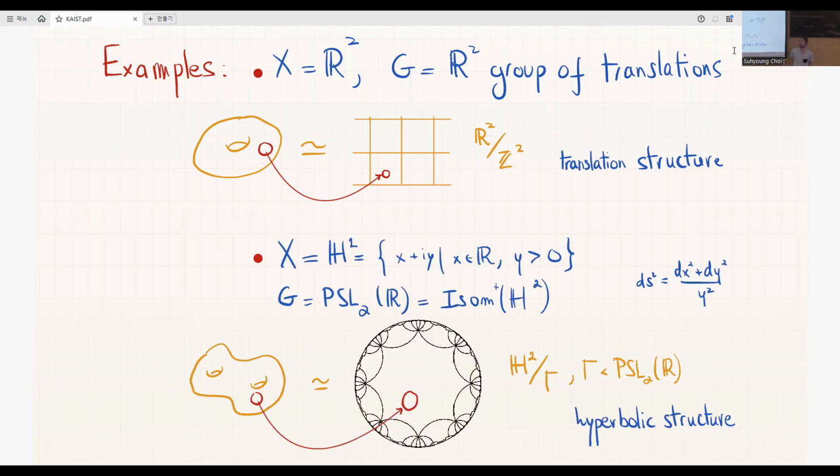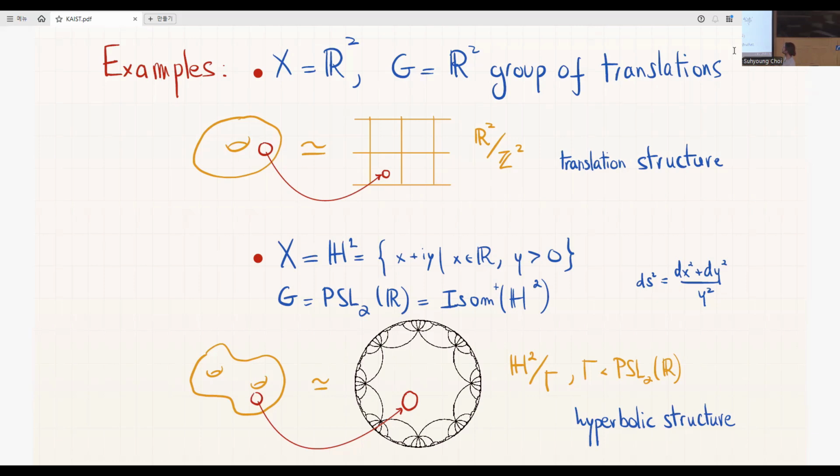Another example, maybe the most important one, is basically the same picture, but now you replace the plane with the hyperbolic plane. So X is the upper half plane, and G is the group of orientation preserving isometries of the hyperbolic plane, so it's the group PSL₂(R). We actually just learned about those structures. You can basically do the same picture.